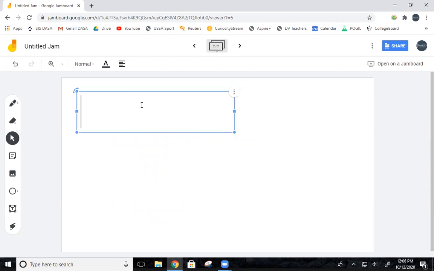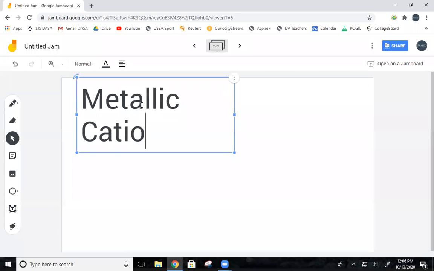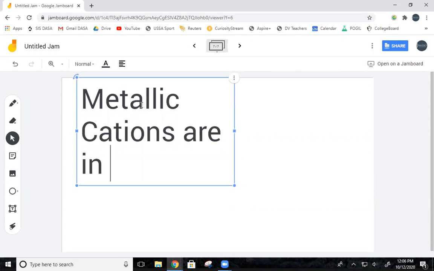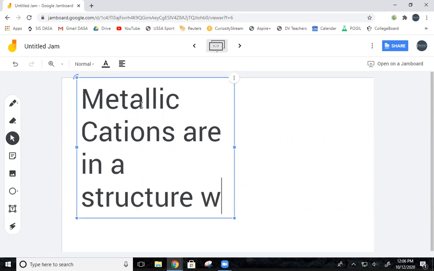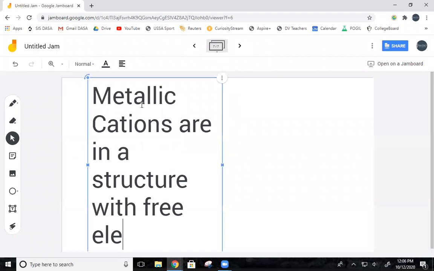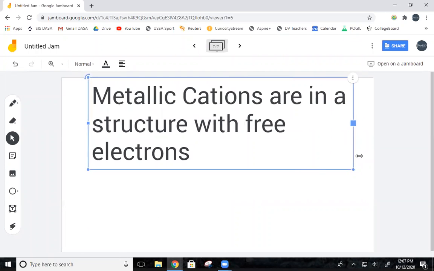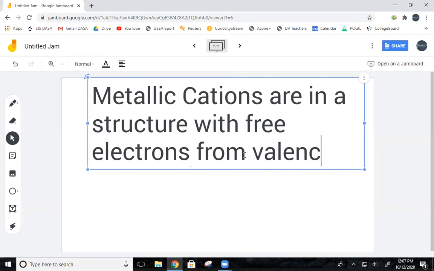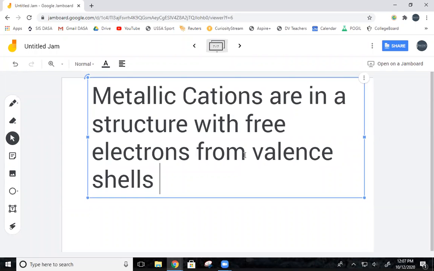When we talk about the structure of metals and alloys, metallic cations are in a structure with free electrons, electrons from the valence shells, free electrons from valence shells floating around.